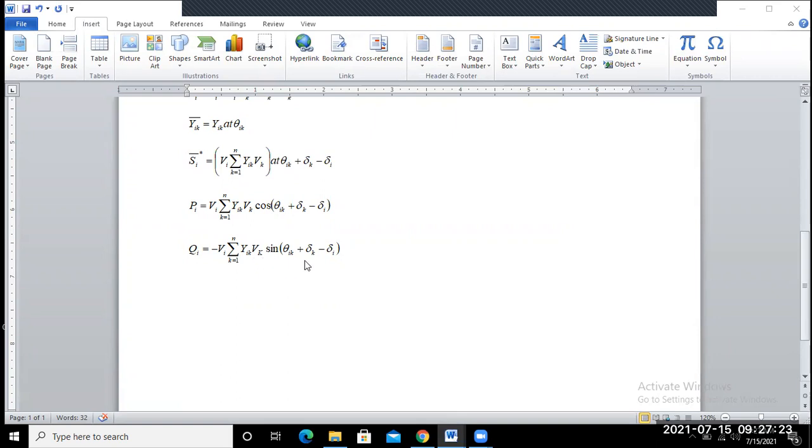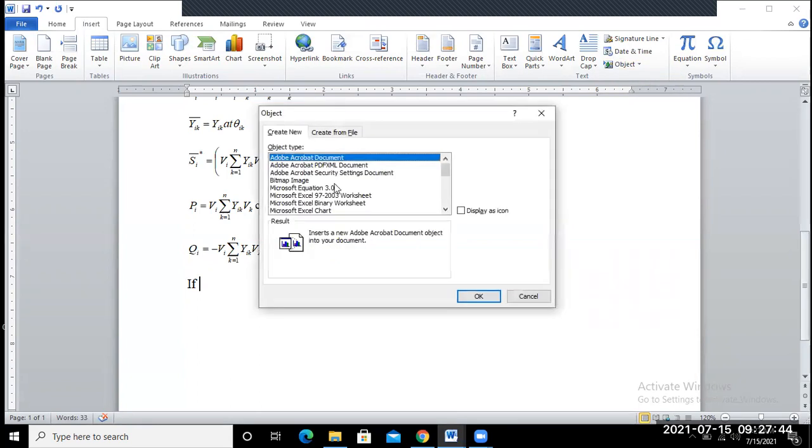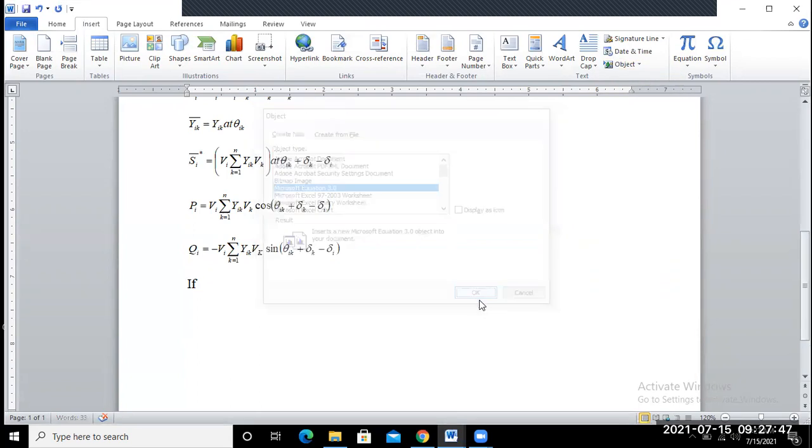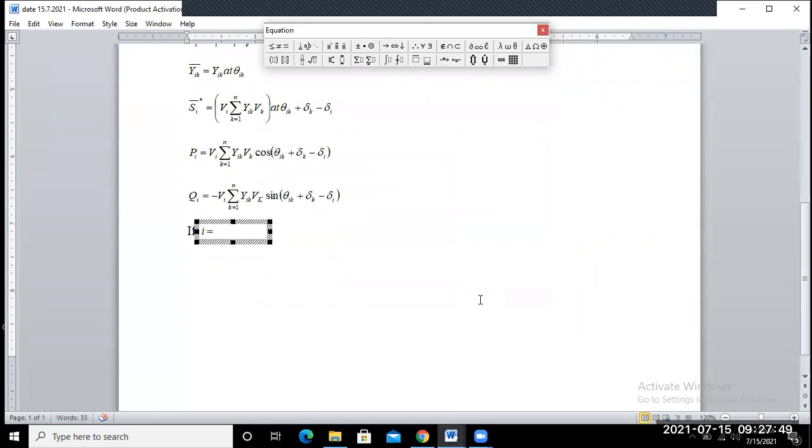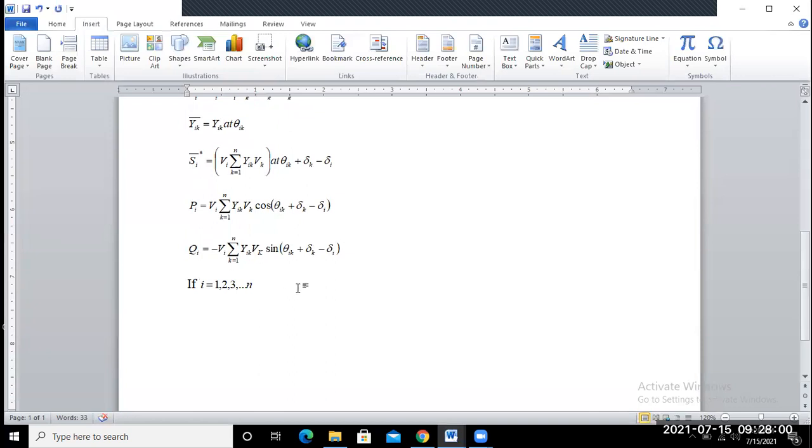Now if you consider i equal to 1 to n, how many equations do we have for an n-bus system? The number of equations becomes 2n.